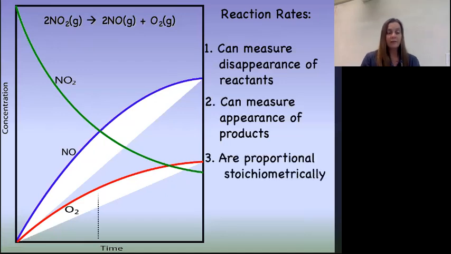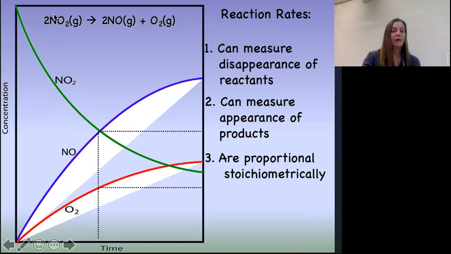And of course, because these are molar concentrations, they're going to be stoichiometrically proportional. So because 2 molecules of nitrogen dioxide decompose into 2 molecules of nitrogen monoxide and 1 molecule of oxygen gas, our nitrogen dioxide is going to disappear at the same rate at which nitrogen monoxide appears.